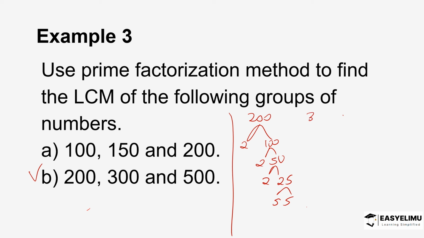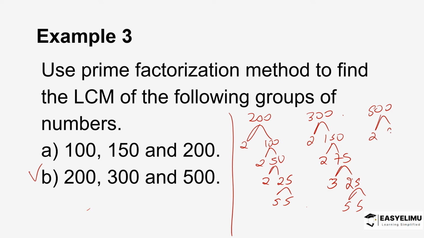Then we have again 300, 2, 150, 2 75. 3 divides 75 25 times, and 5 divides 25 5 times. Then we have 500. So 2, 250, 2, 125. Now 5, 25, and 5 5.